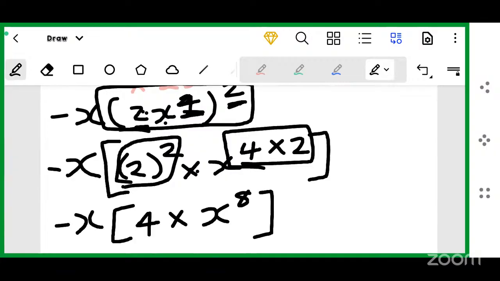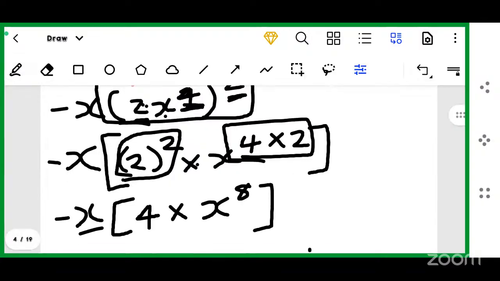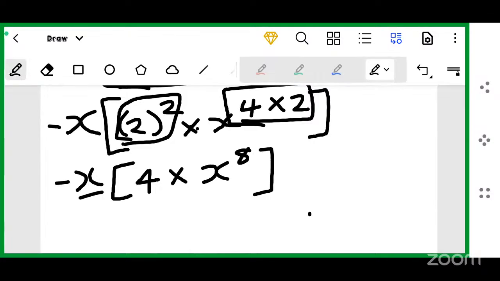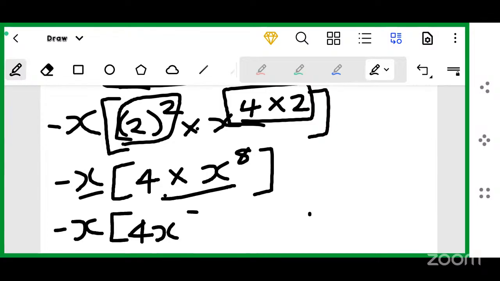And we keep on closing the bracket because we still have our x outside the bracket. So for us to carry on here, we're gonna say 4 multiplied by x to the power of 8. So let's keep our negative x outside, and then we work this out. So we're gonna have 4x to the power of 8, right?